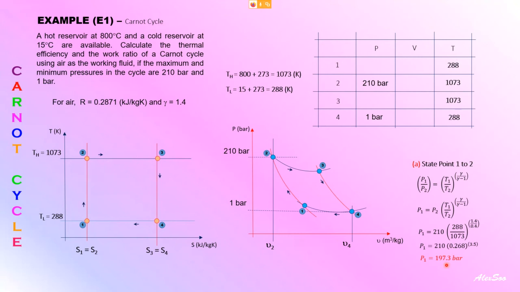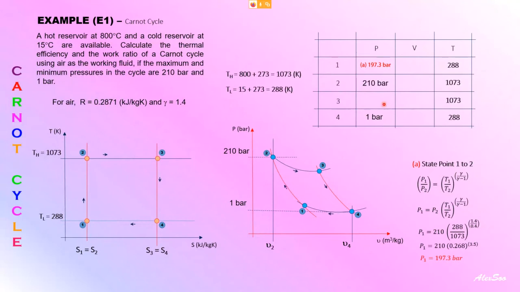So P1 is 197.3 bar, which is quite high, so please double check later on. Once you have found your pressure P1, just fill it into the table.